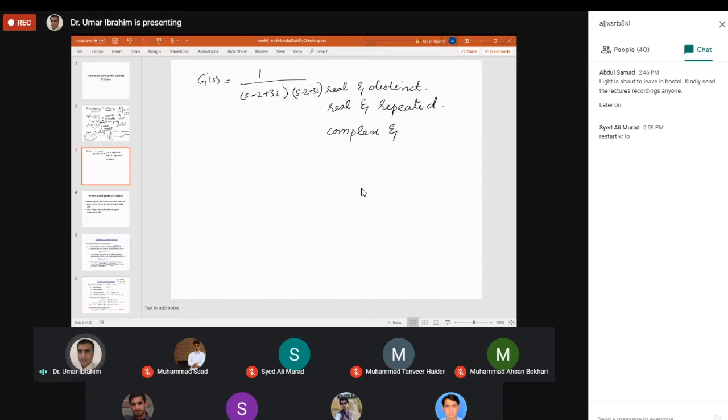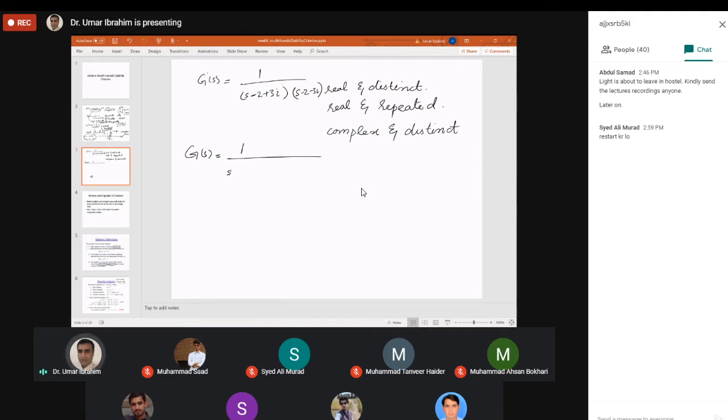Are they repeated or distinct? They are distinct, because one is plus 3 iota and the other one is minus 3 iota. So they are not the same value. But for the fourth case, I need a fourth order system.